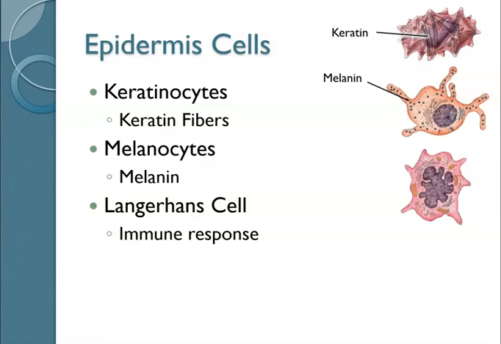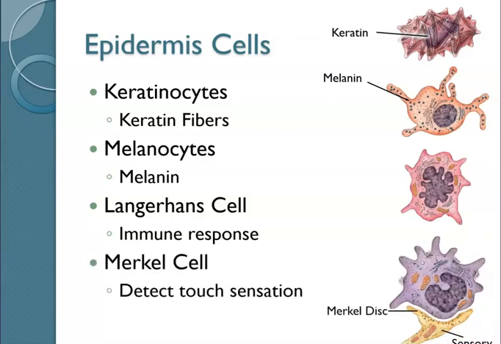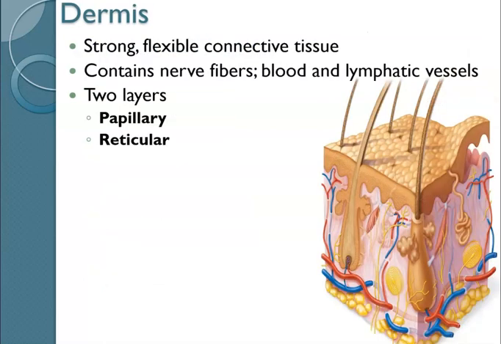You may have heard of the islets of Langerhans, which we will talk about later in our endocrine chapter. It was the same person who described it. That's in the pancreas, which produces insulin as well as glucagon. Here, these Langerhans cells are immune cells. We also have other receptor cells. Touch receptor cells are Merkel cells.